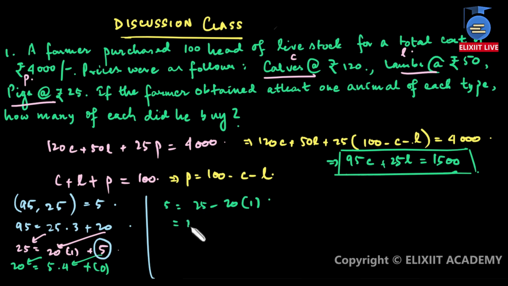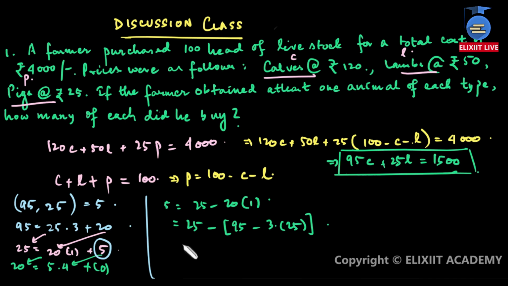Next we have 25 minus 20 into 1. Then 20 is 95 minus 25 into 3. So we can write this as 25 minus, in brackets, 95 minus 3 into 25.